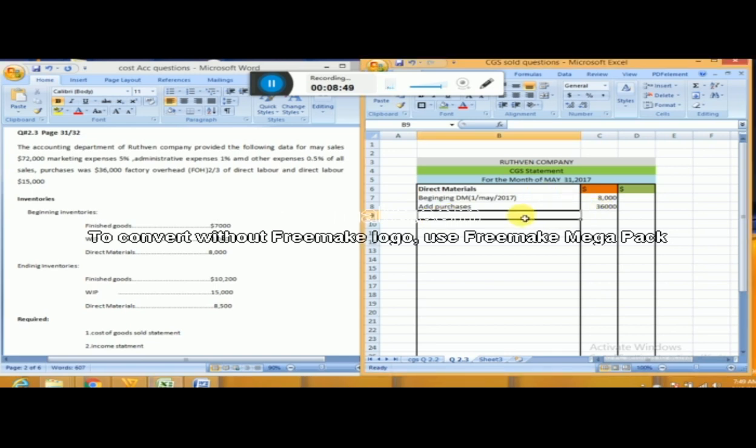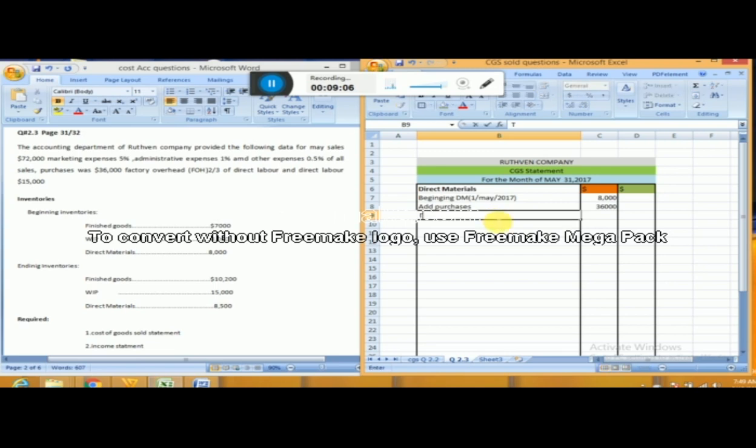Now how much total materials do we have? The 8,000 material we have from the previous month, which was not used in that month, and the 36,000 we purchased in the current month of May.